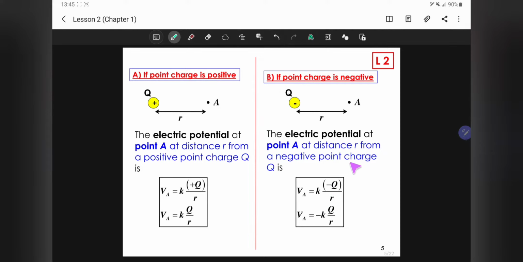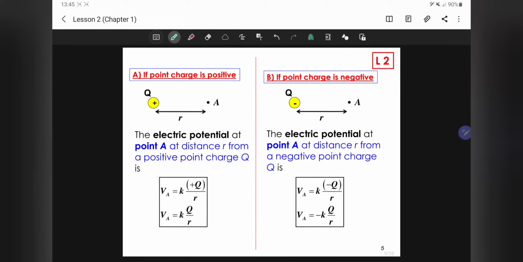It means that the area surrounding any negative isolated charge is under negative potential. So the potential is really small compared to the first one, which is positive, because potential is a scalar quantity. We don't have any direction. So positive and negative show you how large the value actually is.